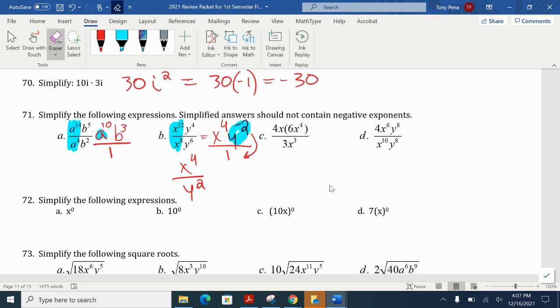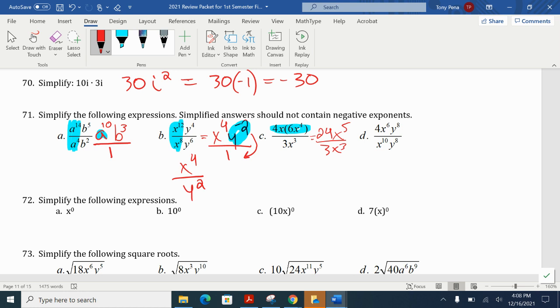Now, letter C adds a little rule because with this, we actually want to clean this up first. We can simplify this numerator. So I'm going to do the 4 and the 4. That's going to make a 24. And then I do x times x to the 4th. That should give us x to the 5th. And then in my denominator, I still have 3x cubed.